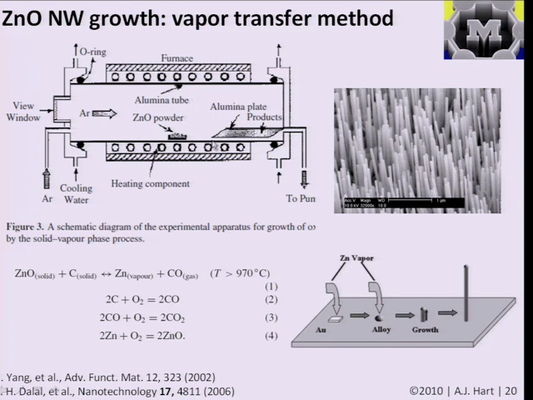And then if you have a substrate downstream of the furnace at a lower temperature where the vapor that you've created here becomes now supersaturated, you can then condense the zinc and the oxygen onto the surface and execute the process we just saw on the previous slide. And it turns out that by that process, you can deposit zinc oxide wires that have this specific orientation.